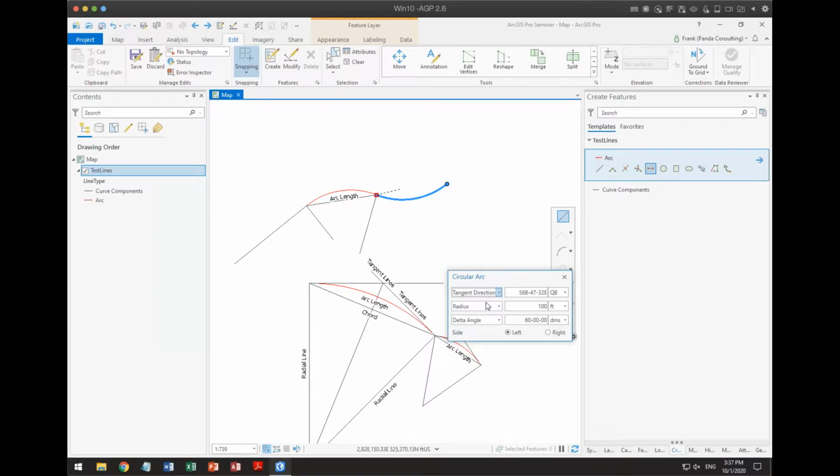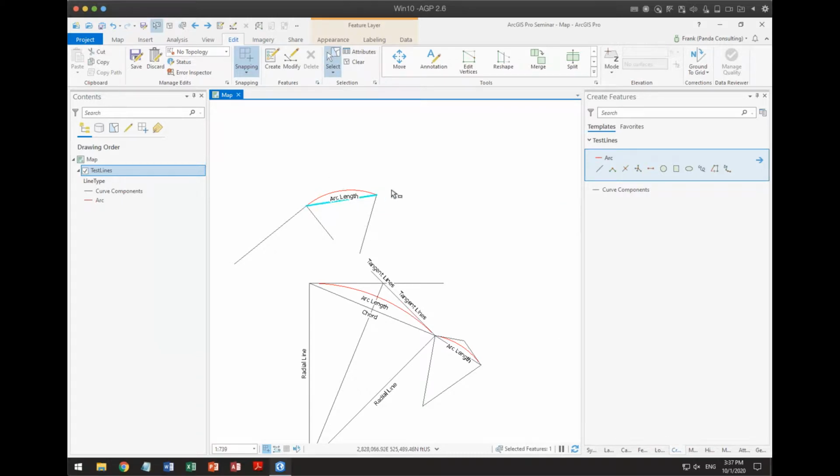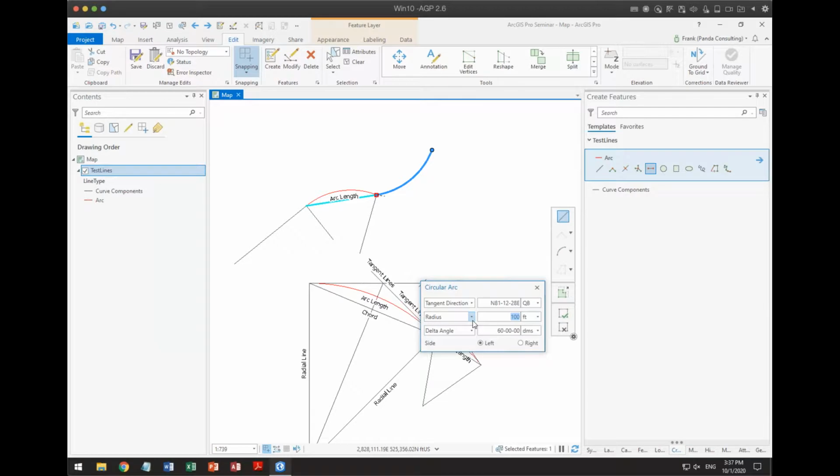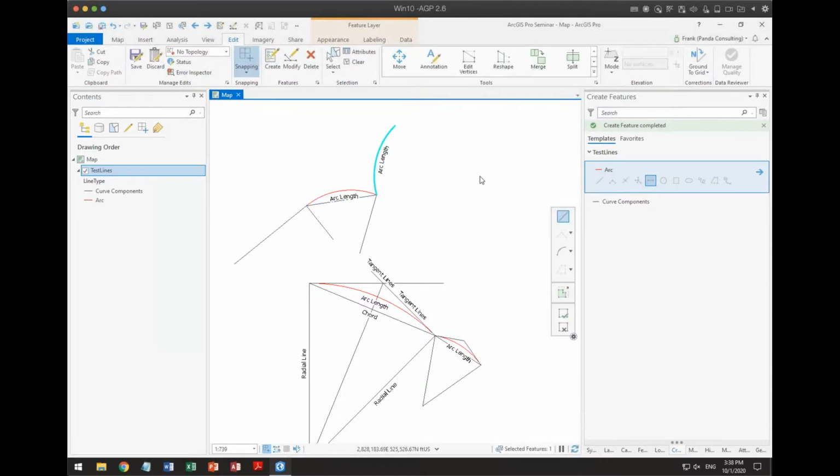Let me select this instead. This is the distance here. And this curve goes, and I'm going to create this curve does this.